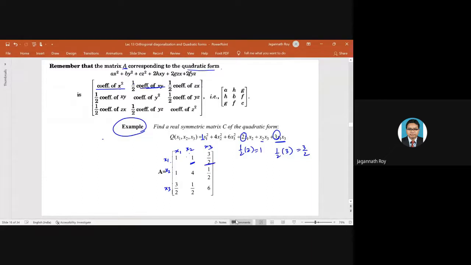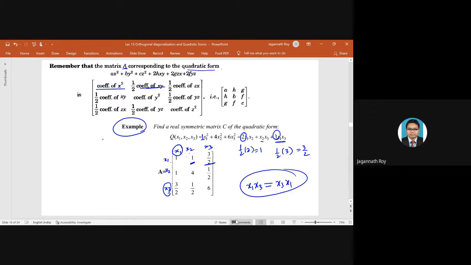Similarly, this is x3, x1. We will not differentiate x1 and x3 when they are variables, so they are actually equal. X3 and X1, we'll consider them as equal.